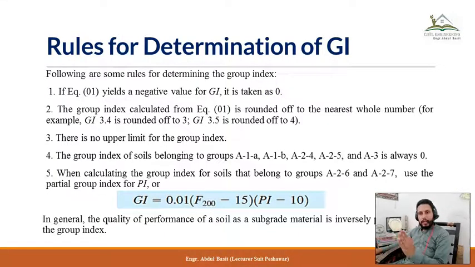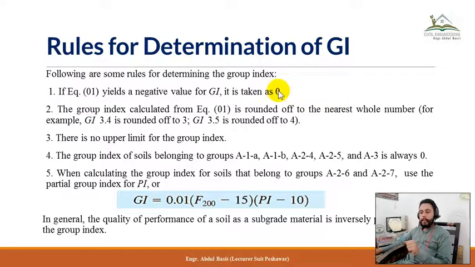Whenever you are getting a negative digit for group index, less than 0, then you will consider the group index equal to 0. For example, A-2-6 is the group you have decided from the table, and then in the parentheses you will write the group index, which is 0. Similarly, the group index calculated from the equation should be rounded off, and that is an important thing.